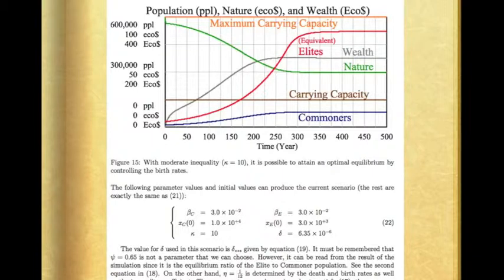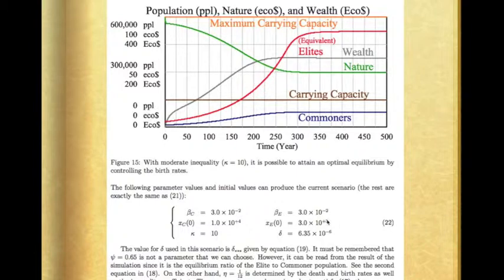This is another sub-scenario under scenario 3 that actually yields sustainable solutions. What the authors did is tweak some of the parameters. The betas stayed the same, so the birth rate stayed the same, but for example the commoners started not at 100 but at 10,000, and the elite started at 3,000.